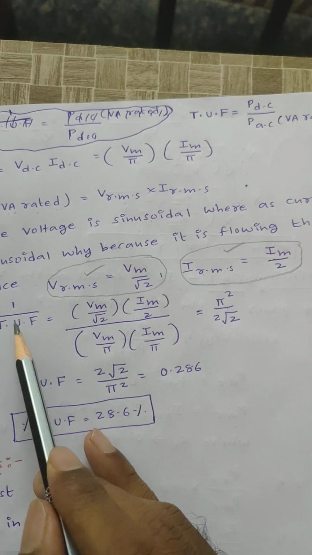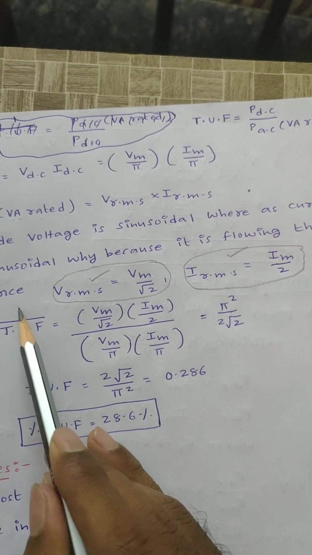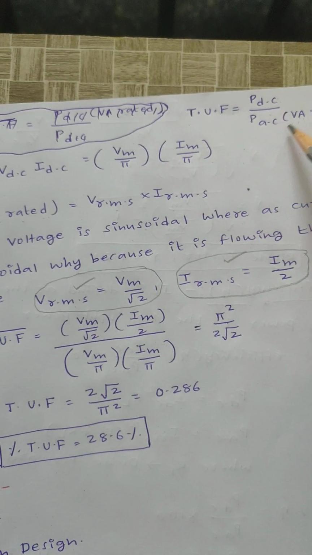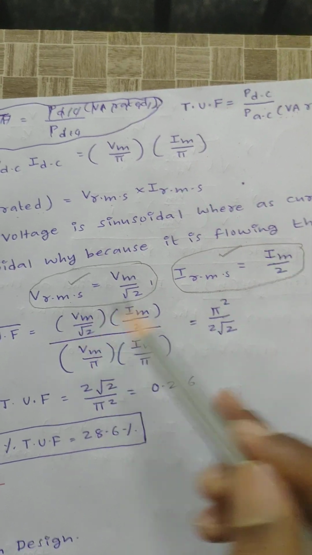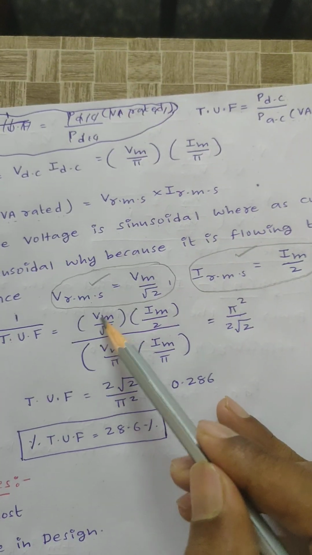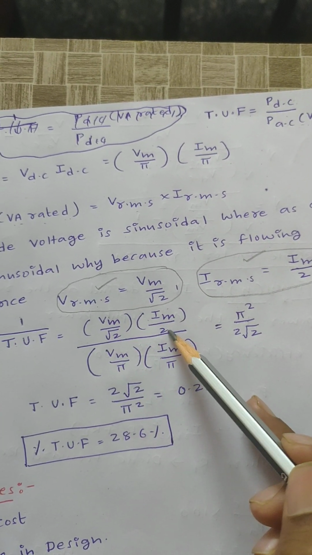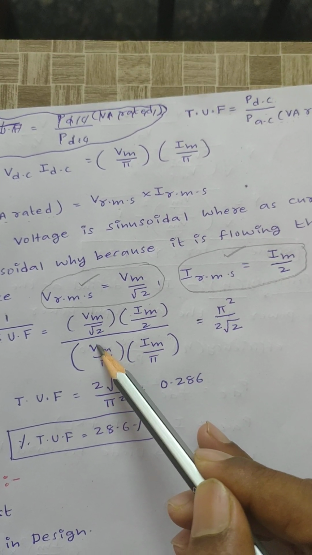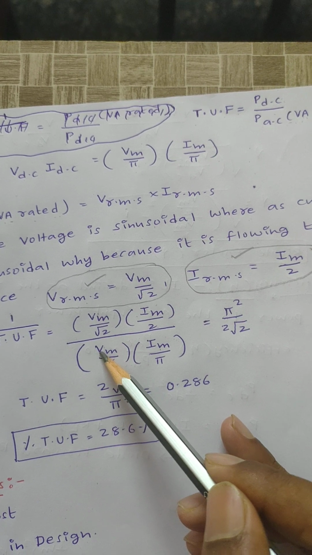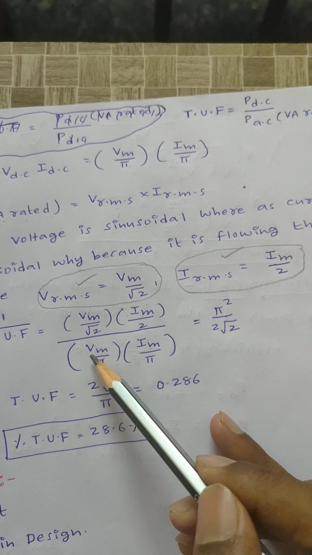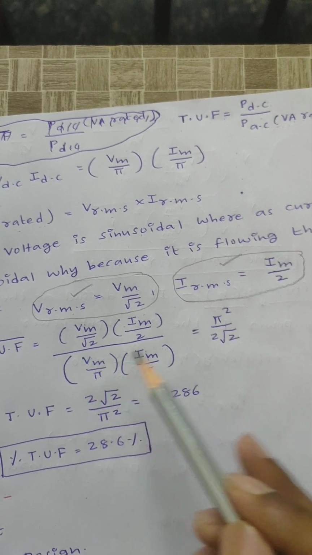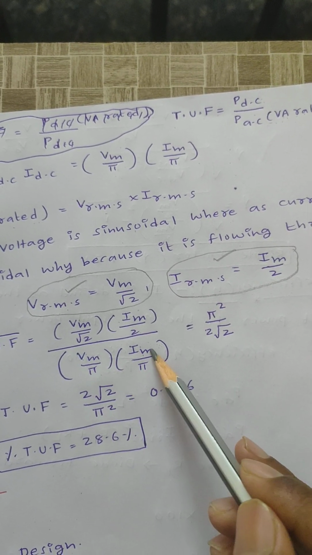Then transformer utilization factor. Here I am considering 1 by TUF, that is nothing but PAC by PDC. PAC is nothing but VRMS into IRMS, so VM by root 2 into IM by 2, divided by PDC, which is VDC into IDC, that is VM by pi into IM by pi.